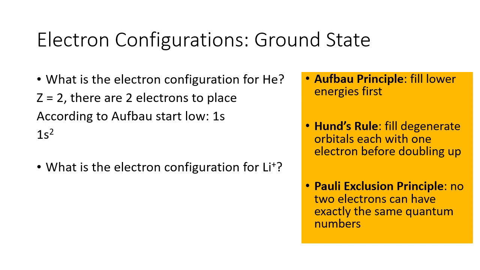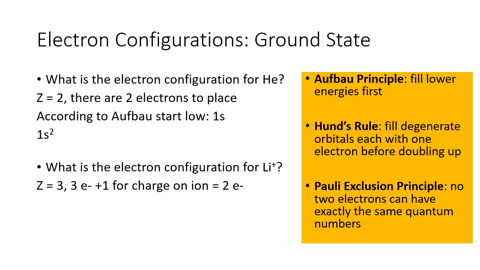All right, so let's do this again with the electron configuration of lithium plus. Now, I am including an ion so that we can get a chance to do the thing where we count again. So Z equals 3, and normally that would mean 3 electrons. But we have a +1 charge.